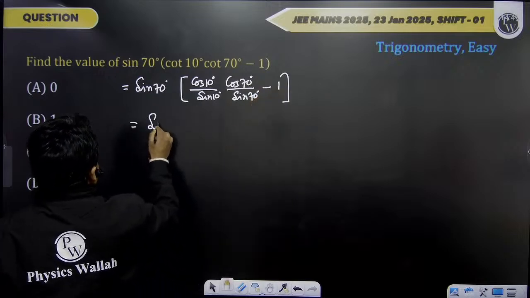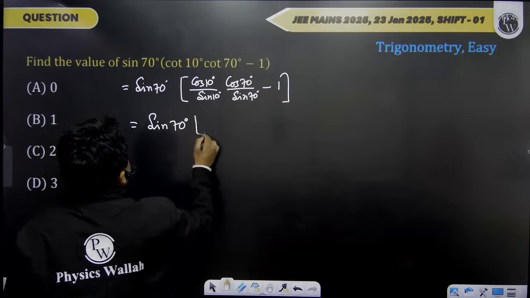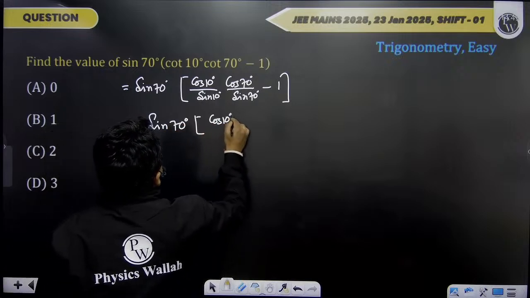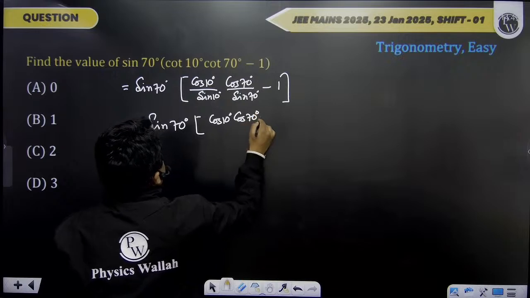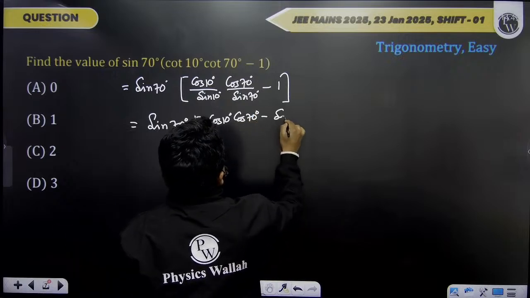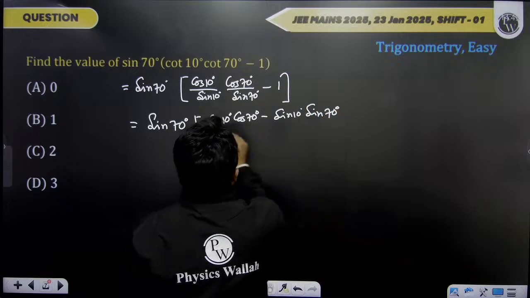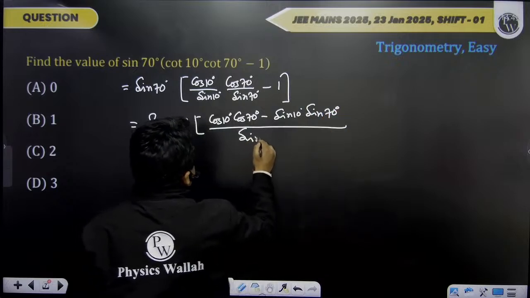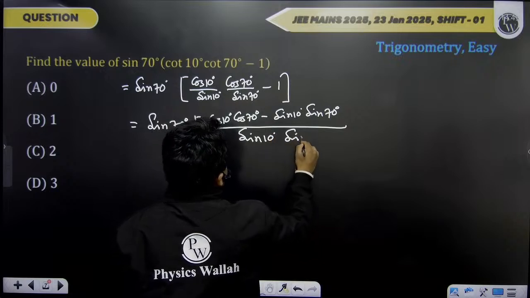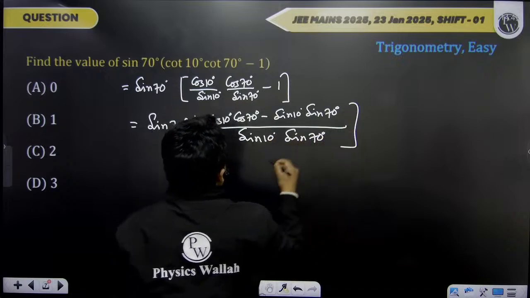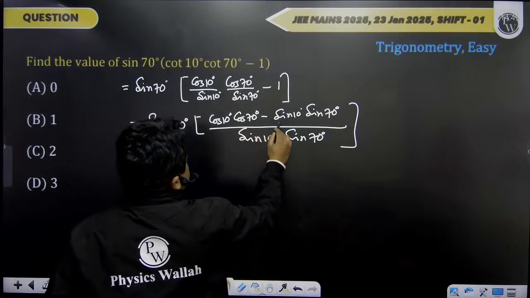So this will be equal to what? Sine of 70 degree into cos 10 into cos 70 minus sine 10 into sine 70 degree, upon sine 10 into sine 70 degree. Alright, so cos C into cos D minus sine C into sine D.